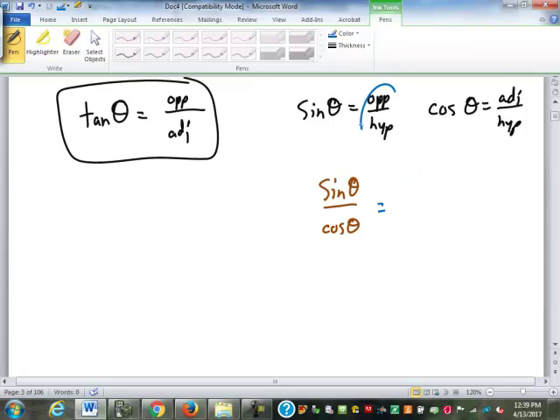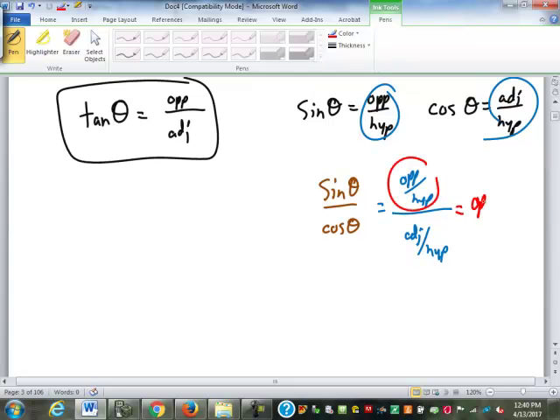sine is opposite over hypotenuse. Cosine is adjacent over hypotenuse. So to divide, I'm going to take the top one, opposite over hypotenuse, times the reciprocal of the bottom one, hypotenuse over adjacent.